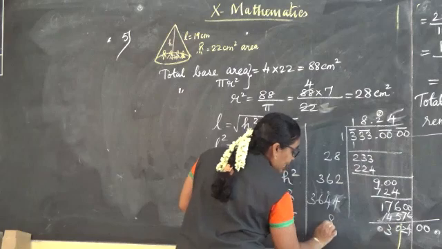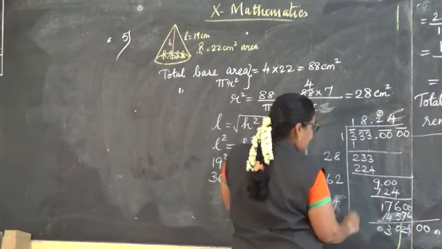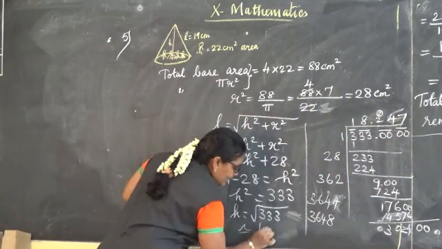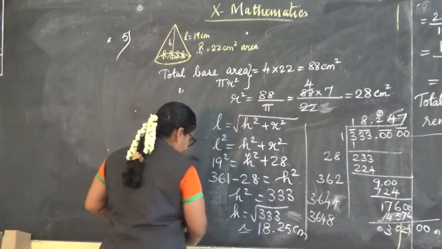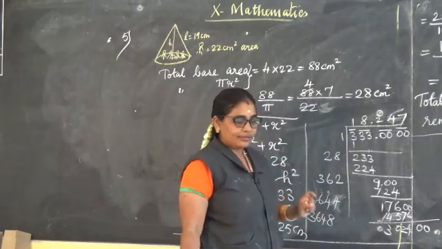Again when you take 8, 4, 6, 3, one more number, it will become 7. So approximately your value will be 18.25 centimeter. That's all, your height of the cone for this sum. Approximately we are writing the values.